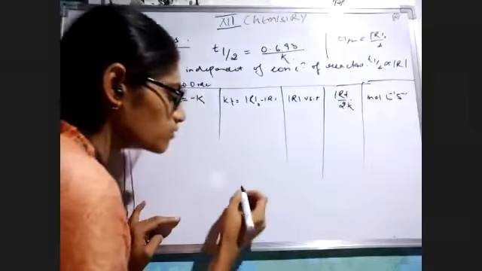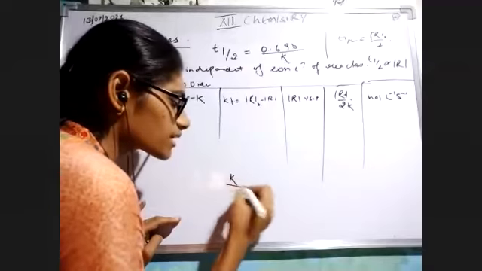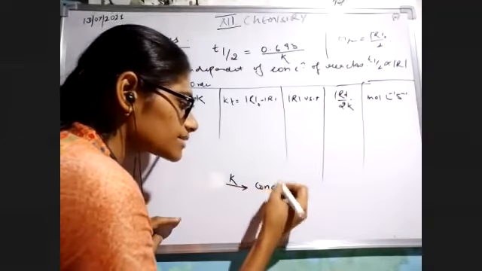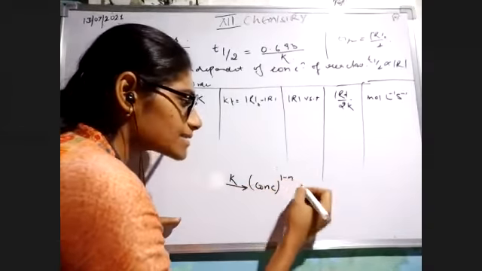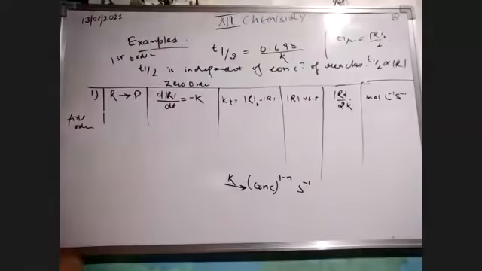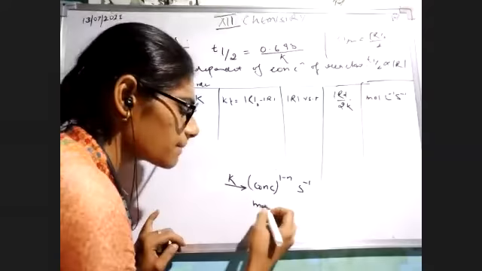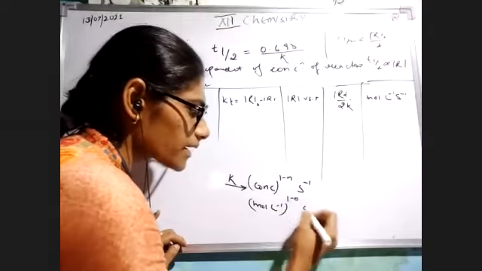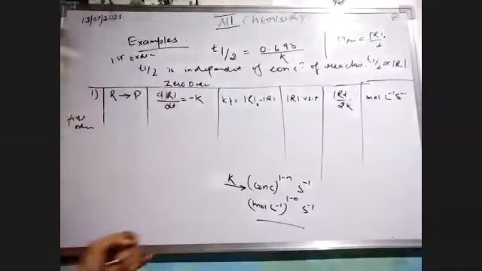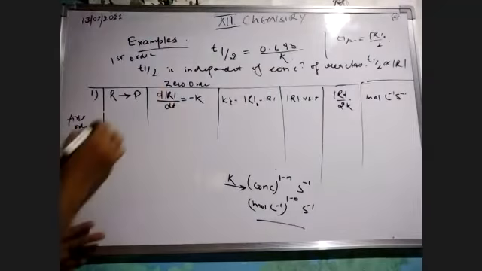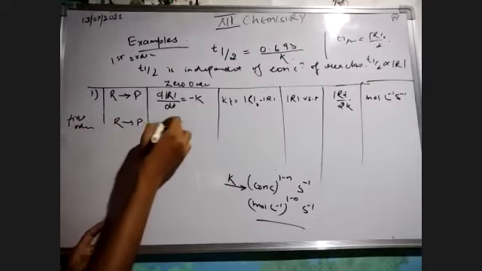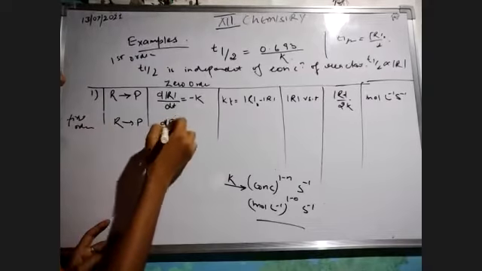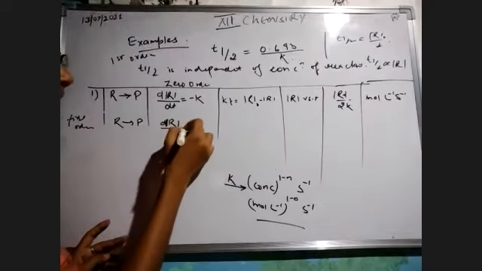Because we know that k has the unit concentration to the power 1 minus n per second. So it would be mole per liter to the power 1 minus 0 per second, that is mole per liter per second.